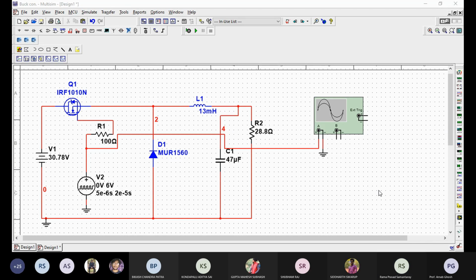Next this one, the DC-DC asymmetrical bridge converter. Then the last one, the DC-DC full bridge converter.